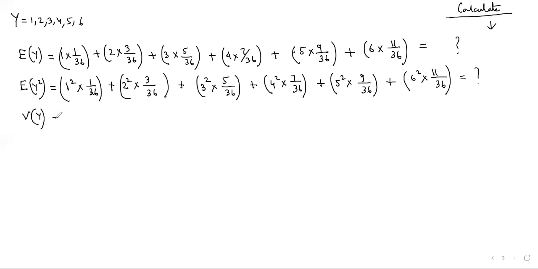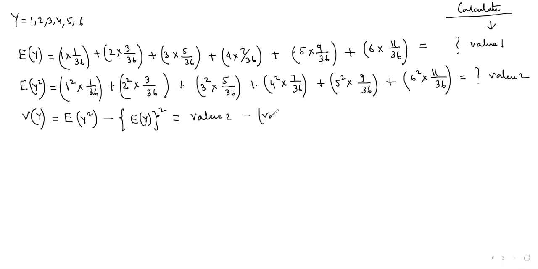And lastly, suppose this value is value 1 and this is value 2 that you have obtained. To calculate the variance, we need to consider the following formula, which is value 2 minus value 1 whole square.